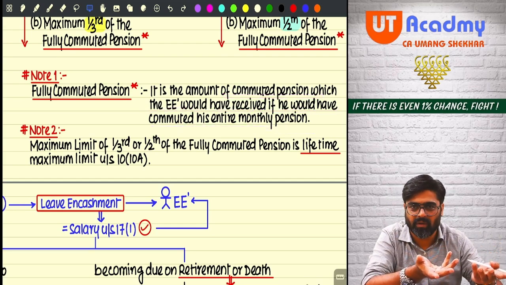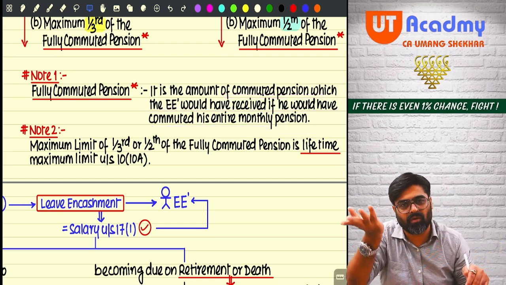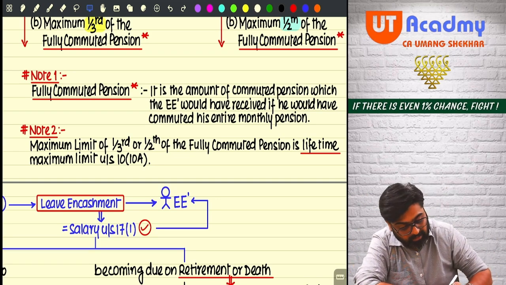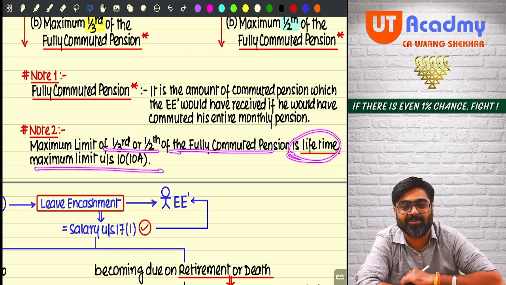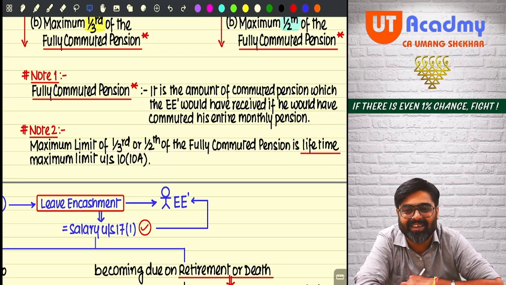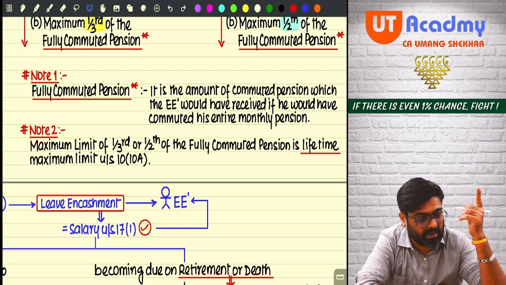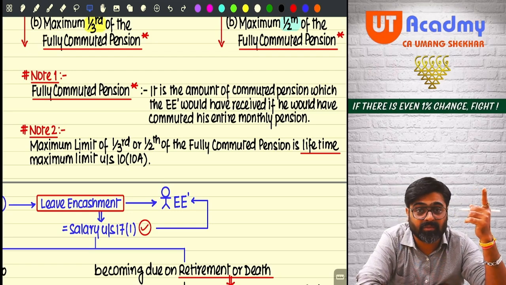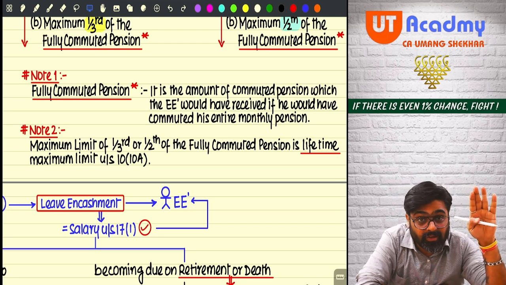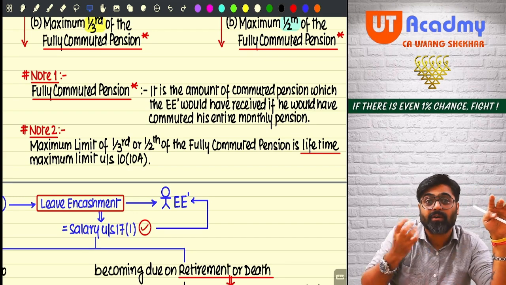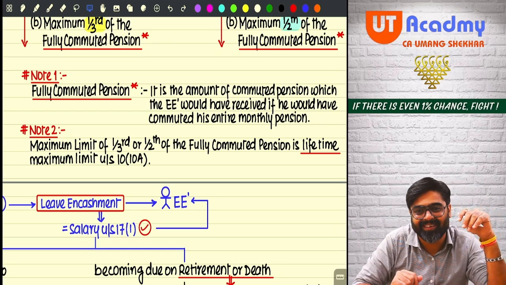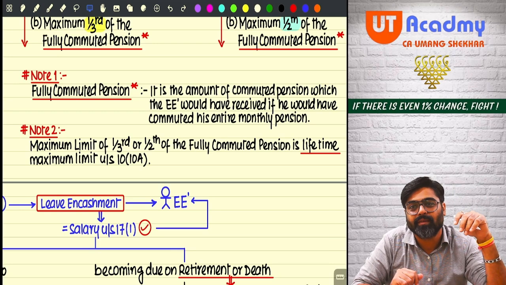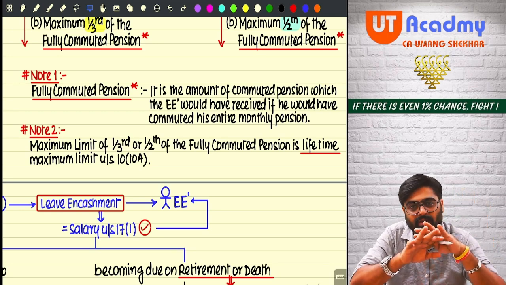Next, the maximum limit of 1/3 or half of the fully commuted pension is the lifetime maximum exemption limit. So whenever next time you claim the exemption, that second time, the maximum limit will be reduced by the amount which you have already claimed exempt earlier. Got it? Sure. Pension over.